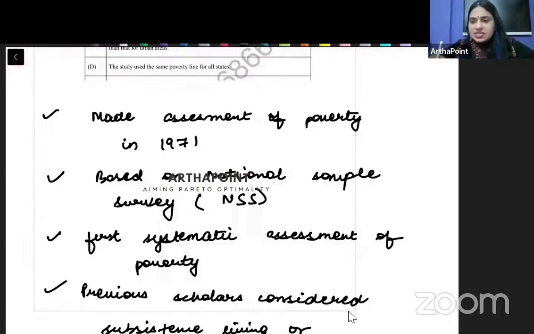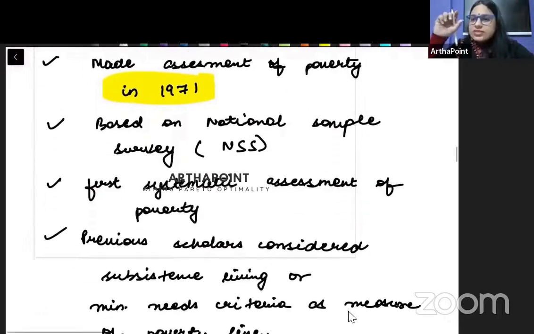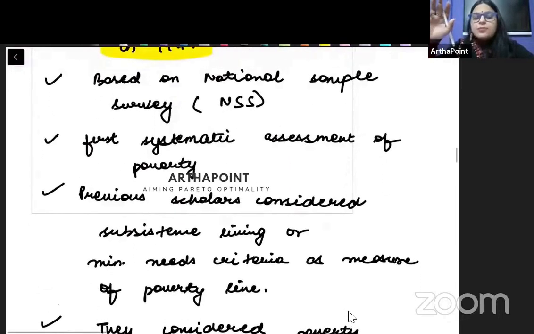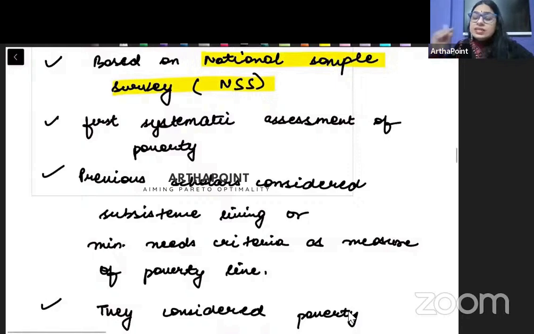So they started estimating poverty and they made their assessment in 1971. यह असेसमेंट, जो उन्होंने किया, it was based on National Sample Survey data, NSS पे बेस्ड था. It is said that this is the first systematic assessment of poverty. पहली बारी अगर किसी ने systematically पता किया हो, मतलब create किया हो that okay, this is the consumption people should do.